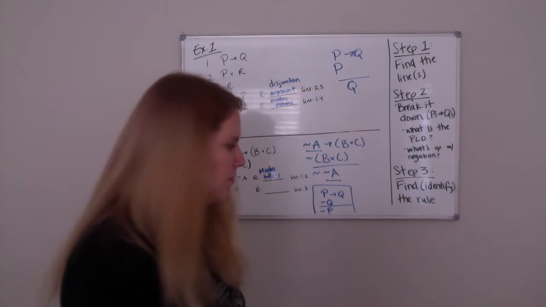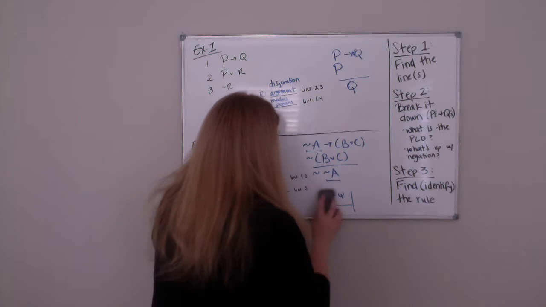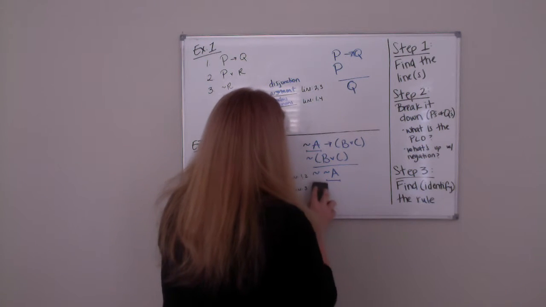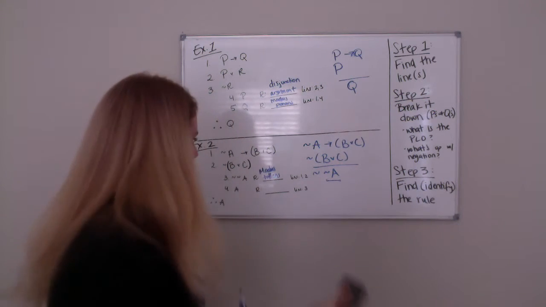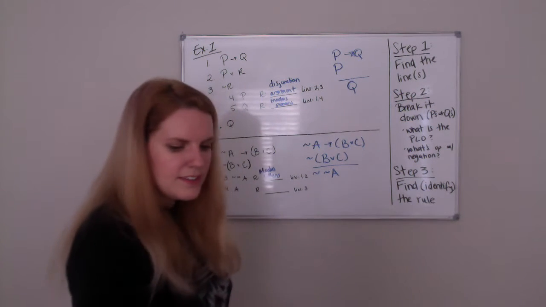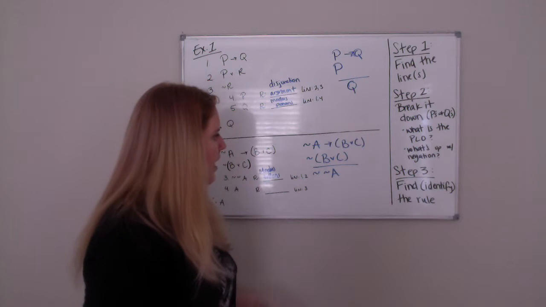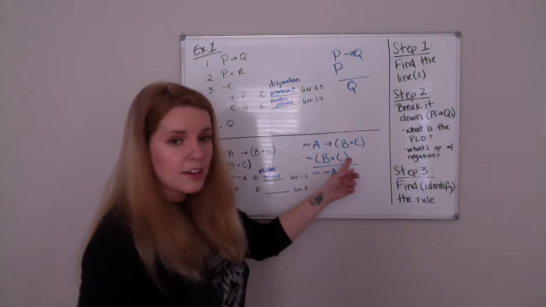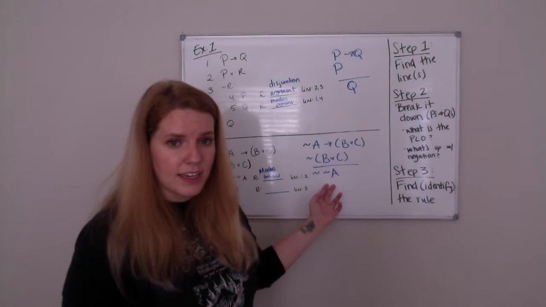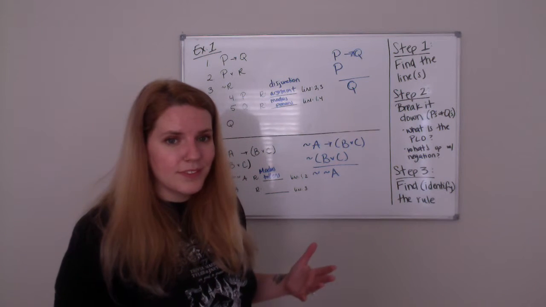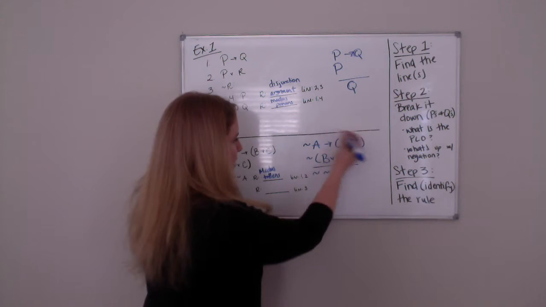Now, we went through all those steps, and it seems a little complicated. But really, all we had to do was say, oh, you know what? This is a conditional claim, and here we have the consequent being negated, and we have the antecedent being negated. That's all we have to see here, this kind of pattern.